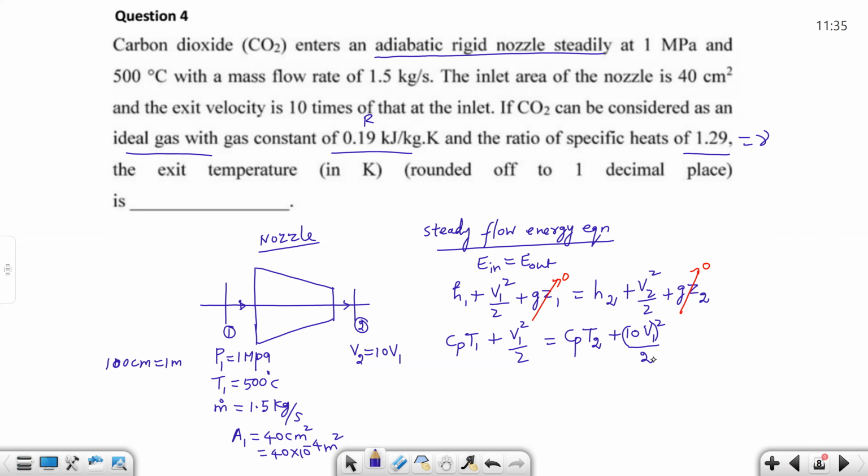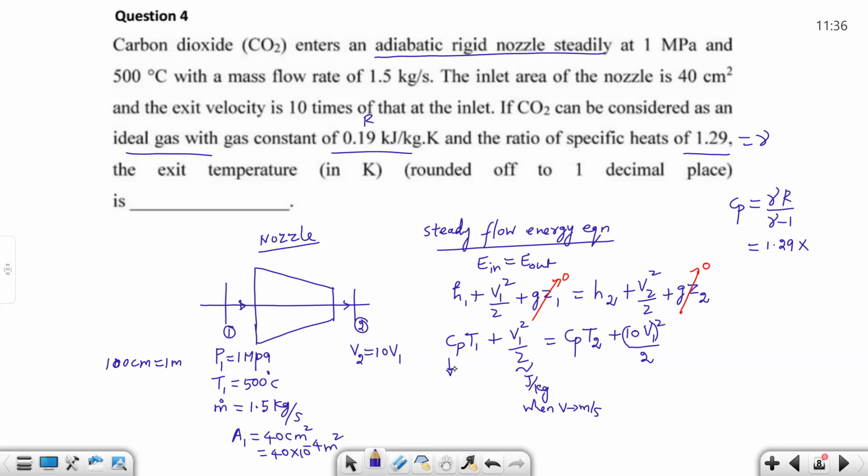Cp we can find using the ideal gas relation Cp equals gamma R by gamma minus 1. Gamma is 1.29. Because velocity is in meter per second, that means the energy is in joule per kilogram.